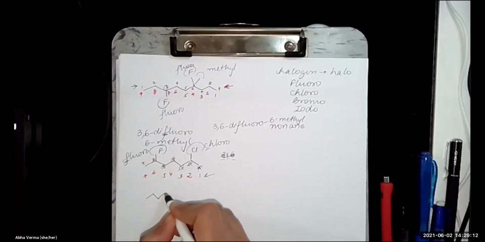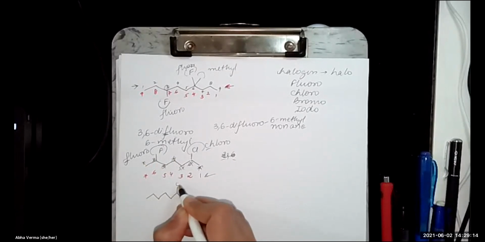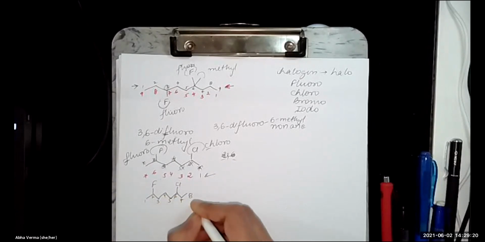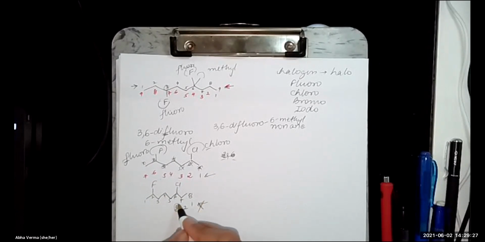If I had a molecule like this, where 1, 2, 3, 4, 5, 6, 7, 8, I would not go with this numbering where my first locant is at 3. I will go with the numbering where my first locant is at 2.